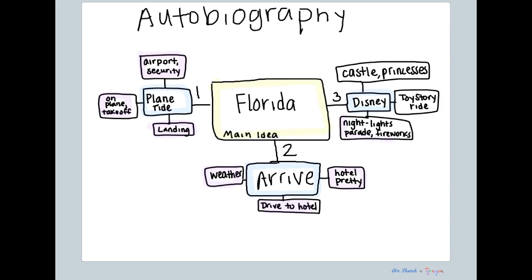Once I've completed this entire topic web, I'm going to be able to use it to create my paper. It's going to make my paper flow better, and I'm also able to make my paper a lot more quickly because I have my ideas already written down. So I want you guys to go ahead and get started on your topic web for your autobiography.